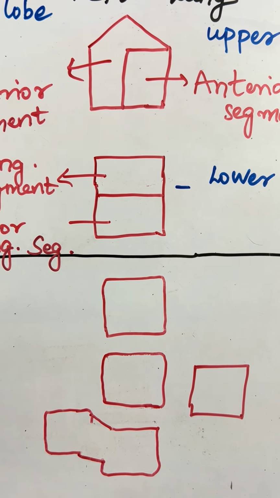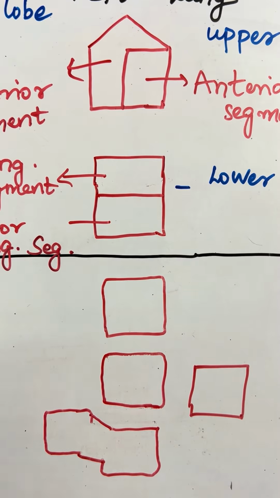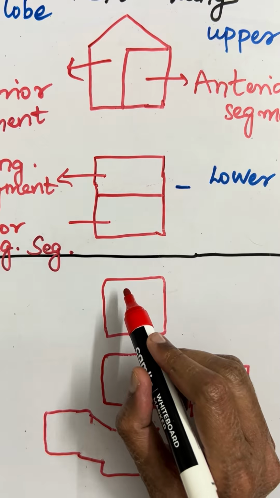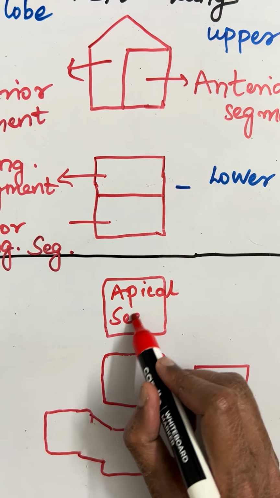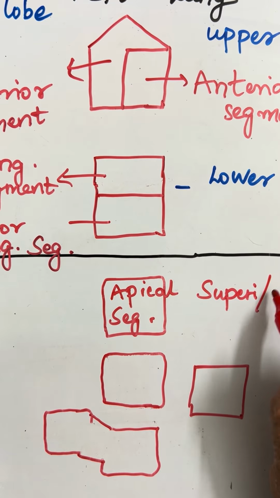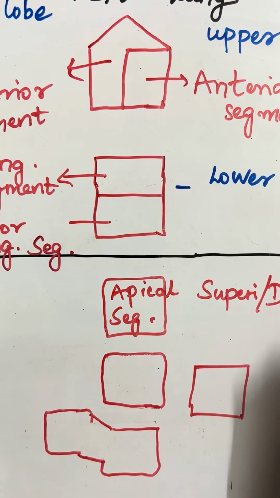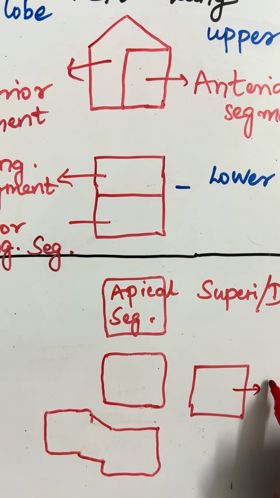The left lower lobe has four segments. This is the apical segment, which is otherwise called the superior or dorsal segment. This is the lateral basal segment.